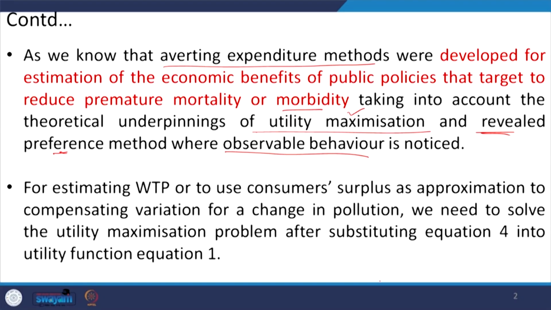So, that is what we are continuing from. In this context, what we have already done is express the utility functions, and we have also expressed the total income constraint, that is, in terms of income from non-labor sources and income from labor sources. Once the utility functions and the total income constraint functions are framed, it is our task to estimate the willingness to pay, which is also known as the consumer surplus.